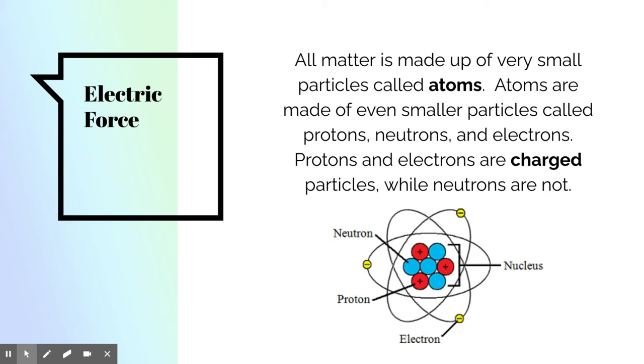So like when you shock someone in the wintertime after walking across the carpet, or when a sock gets stuck to your shirt in the dryer. That's the type of electric force that we're going to be talking about. We're not really going to get into moving charges all that much, which is how electricity happens.